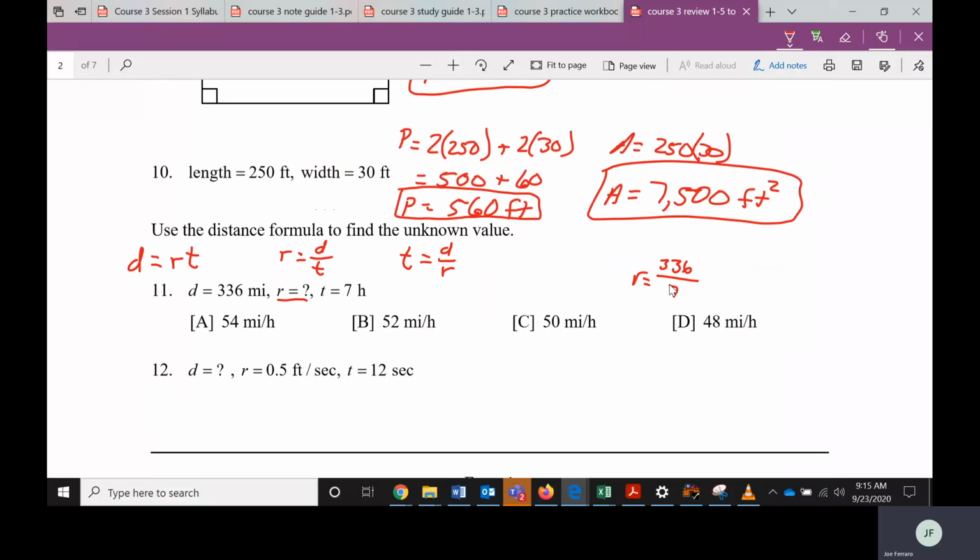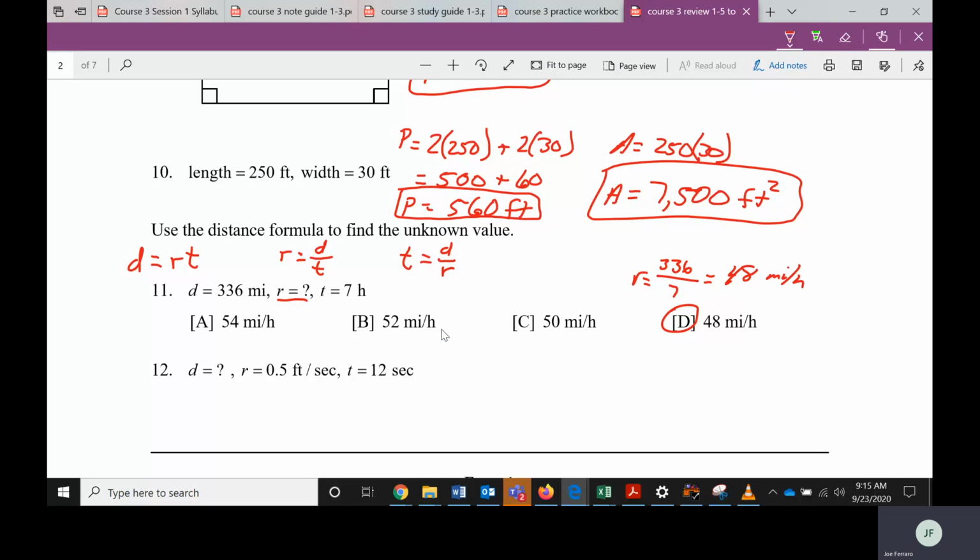So then you take your calculator, 336 divided by 7 equals 48. And then we got to look for the units. The distance was in miles, time was in hours, so it is miles per hour, like that. So our answer is right there.